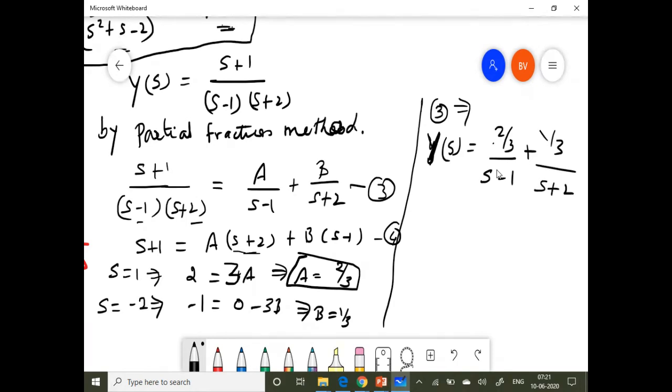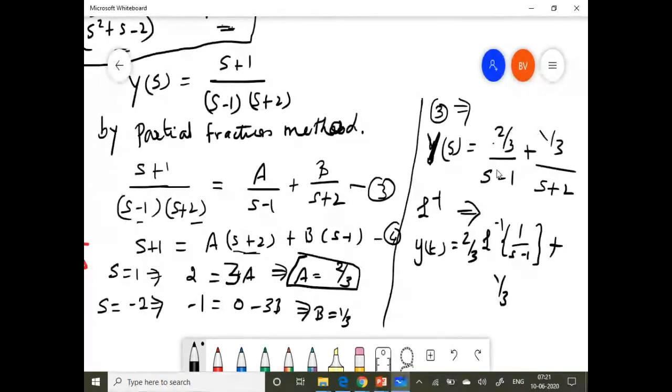Now take the Laplace inverse on both sides. Y of s will be y of t. 2 over 3 is a constant, times the Laplace inverse of 1 over s minus 1, plus the second term, where 1 over 3 is a constant, times the Laplace inverse of 1 over s plus 2.